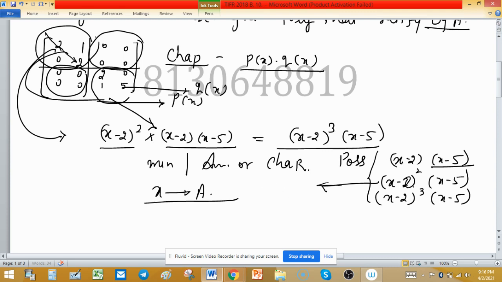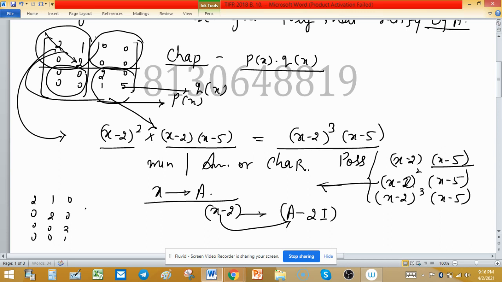So keep in mind, for x minus 2, it means replace x by matrix A and 2 times the identity matrix. This is the meaning when we are dealing with polynomials in matrices. So check: 2 0 0 0, 1 2 0 0, 0 0 2 1 and 0 0 0 5.